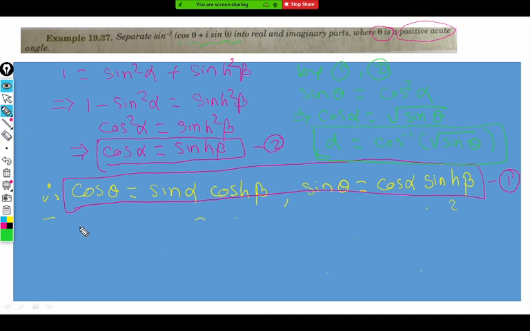By 2 first we get sine hyperbolic beta is cos alpha, and cos alpha is nothing but... Can you use different coloring? Okay, no issue. Yes sir, not visible properly.